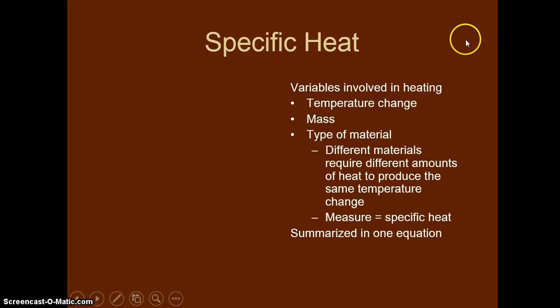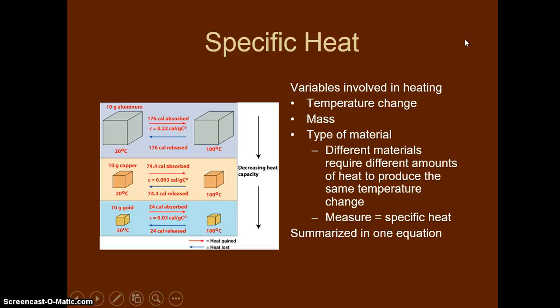And here we come across what's called specific heat. Let me show you the equation real quick. So heat is represented by the capital Q, and that's in calories. The mass here is going to be in grams. The specific heat has some very odd units. Let me just say them right now, but then I'll talk about it in a little bit.